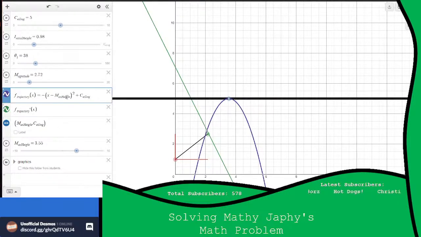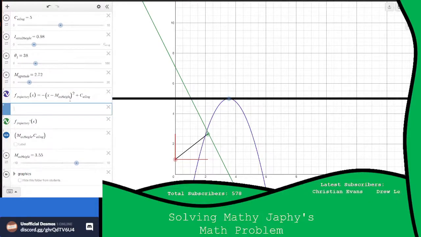So if we take the derivative of this, it's just going to be equal to minus 2 times x. Now, question is, why are those two in different places?